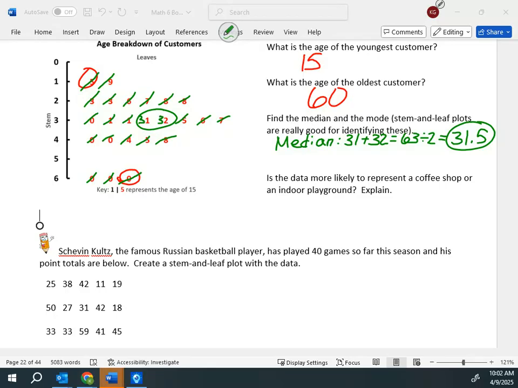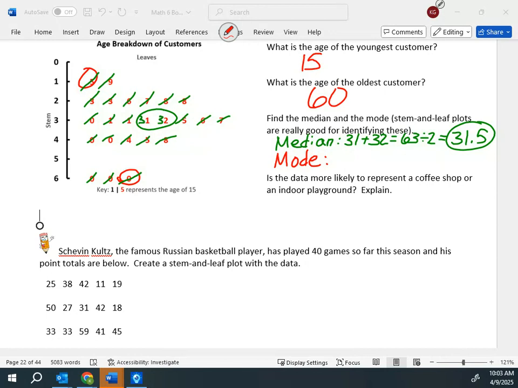Now I need to find my mode. What does mode mean? Lila, careful. Mode. Oh, no. Most. It's got those O's. So we need to find the most that we see a number.